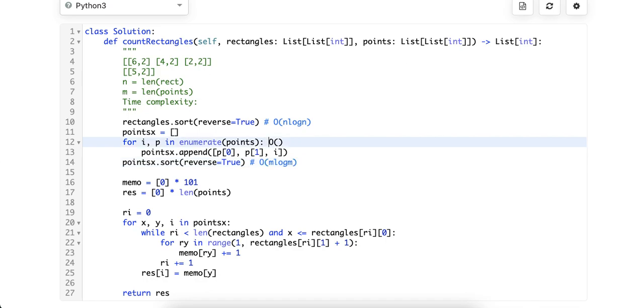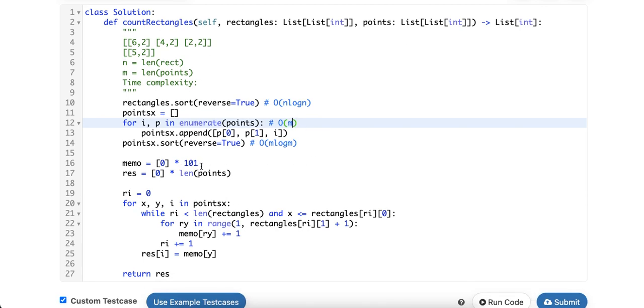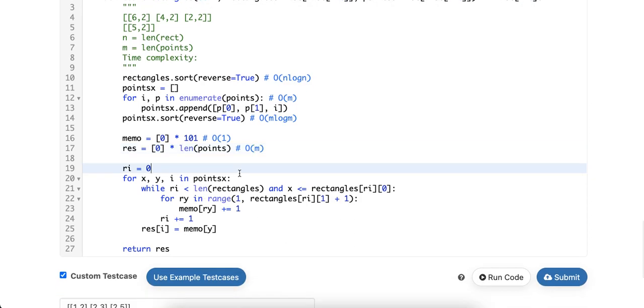This one is big O of the points, m. And then this one just consider it as 1, because it's always 101. This one is m, so this one is big O m.